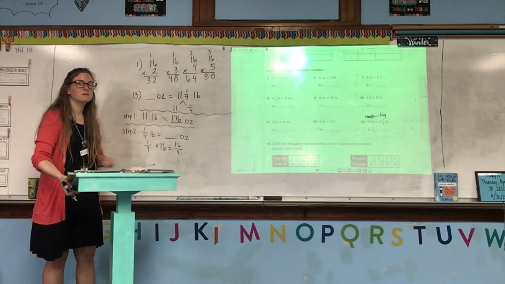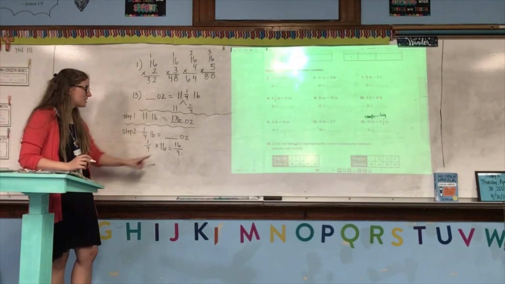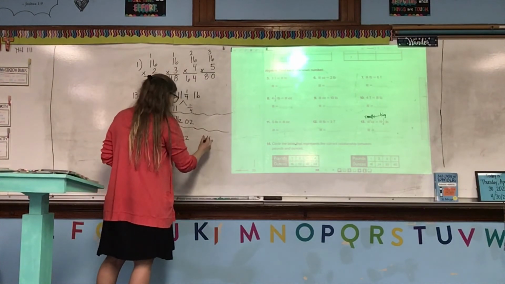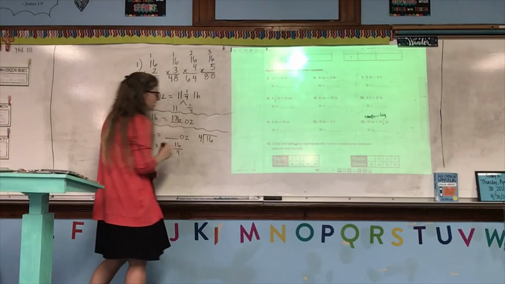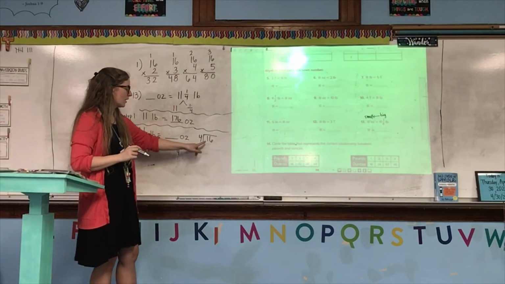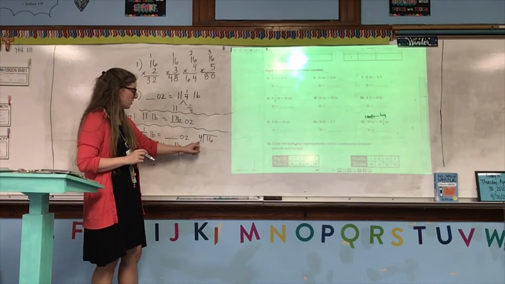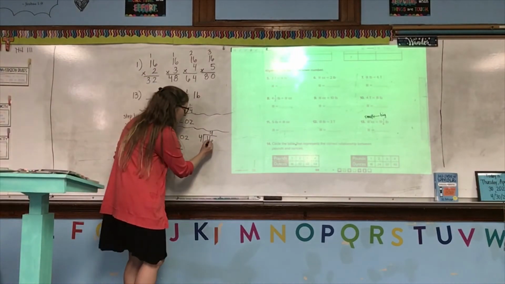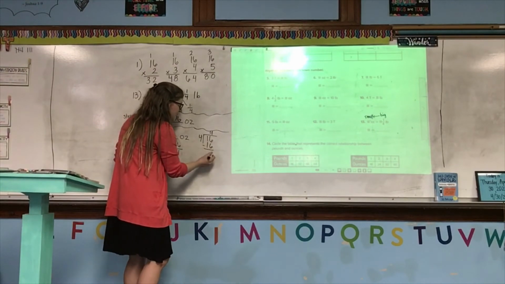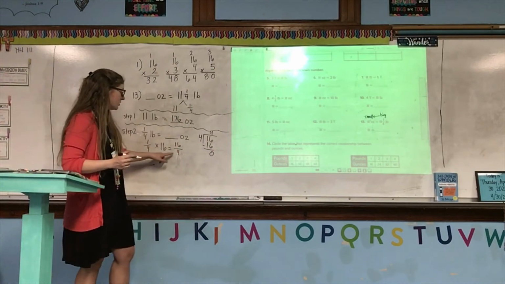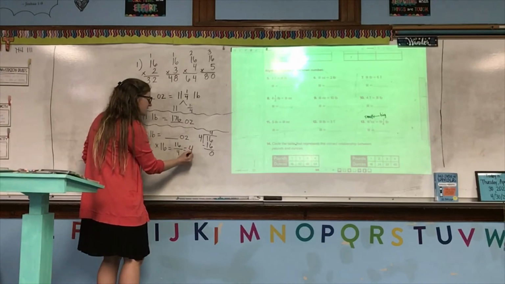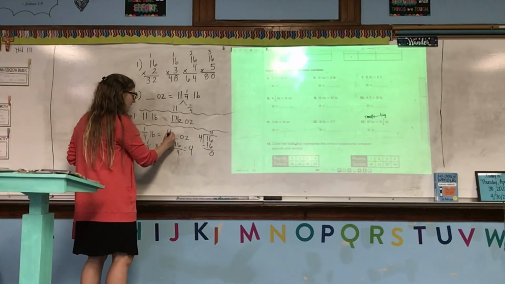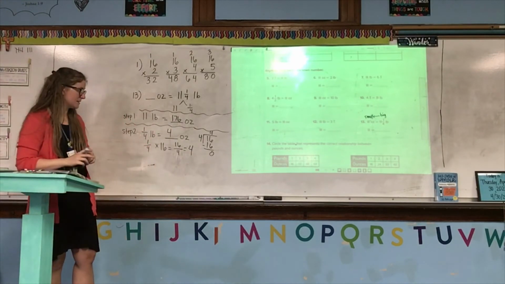To do that, I divide the numerator by the denominator. 4 can't go into 1, so I need to move a digit over. 4 goes into 16 4 times. 4 times 4 is 16. 16 minus 16 is 0, which means 16/4 is equal to 4. That means 1/4 of a pound is equal to 4 ounces.